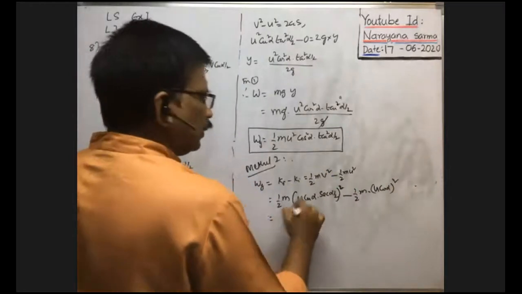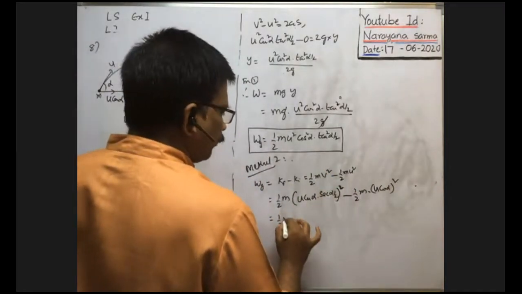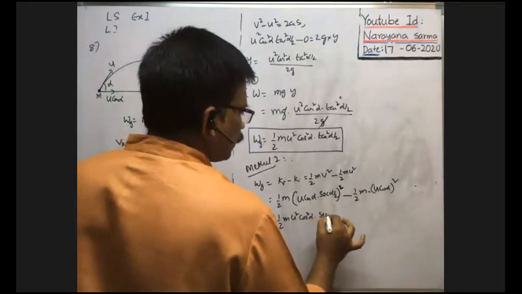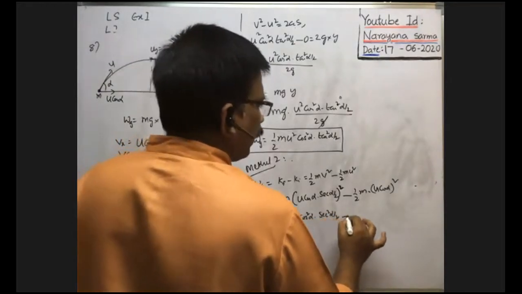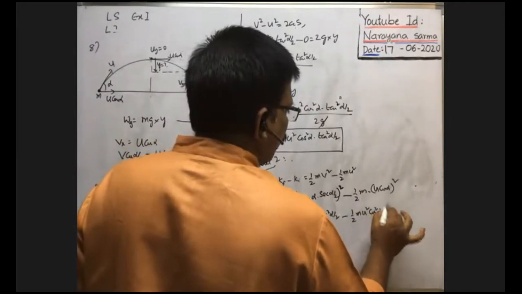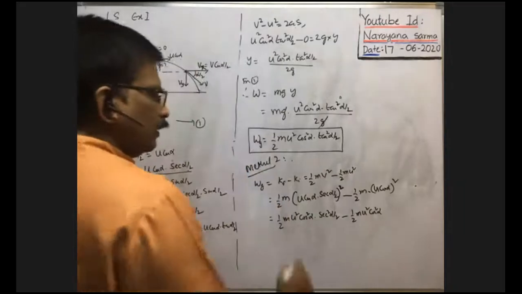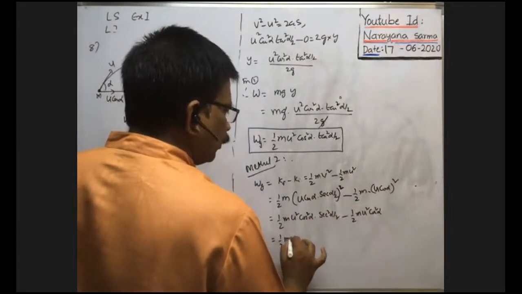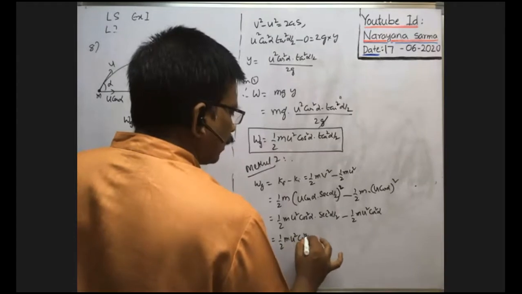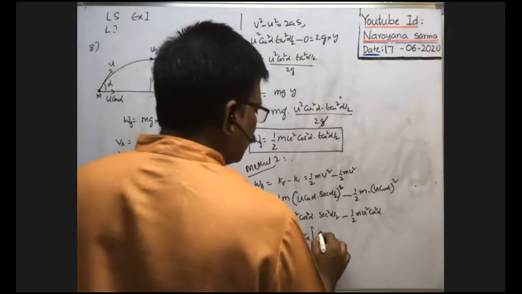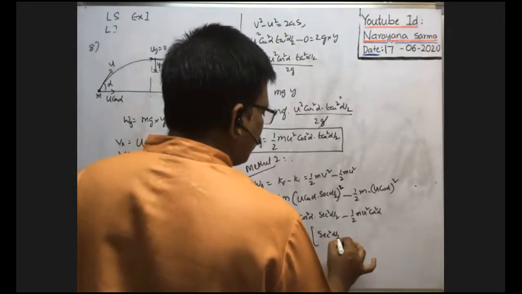Therefore, you square this one. Half m u square cos square alpha into secant square alpha by 2 minus half m u square into cos square alpha. Okay. In both of them, we can take half m u square cos square alpha common, then secant square alpha by 2 minus 1, no?